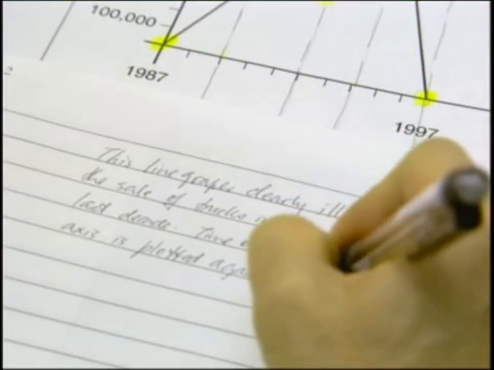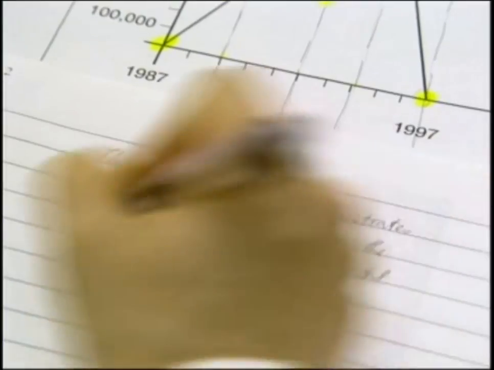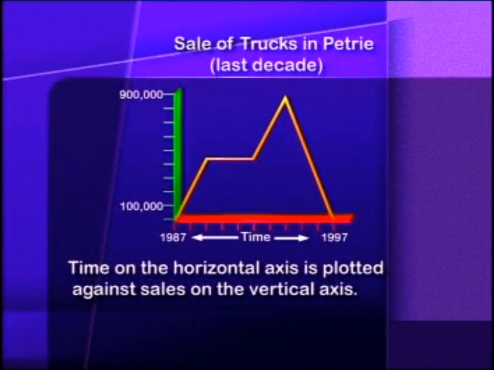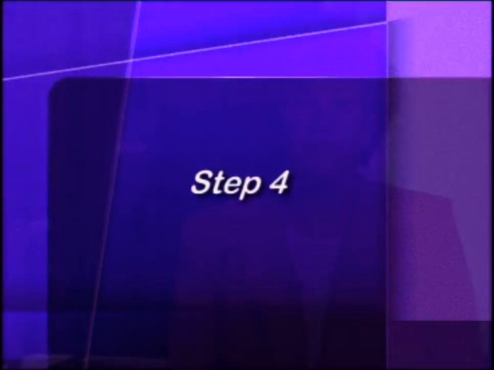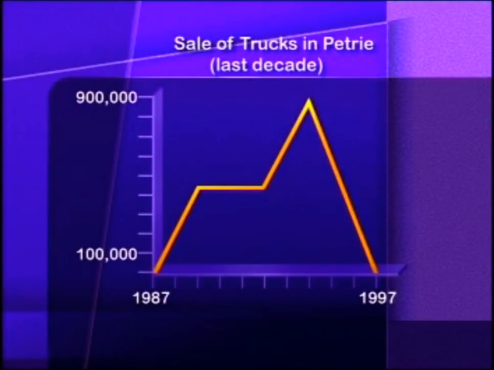So in graph 1, your second sentence would read, time on the horizontal axis is plotted against sales on the vertical axis.